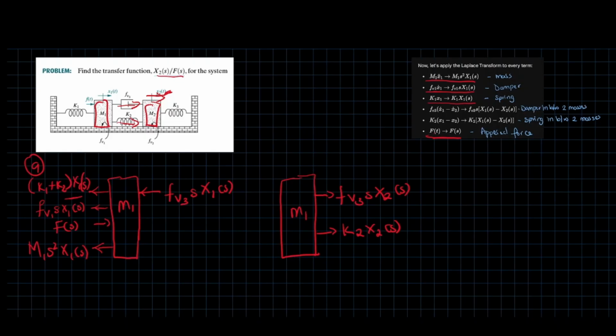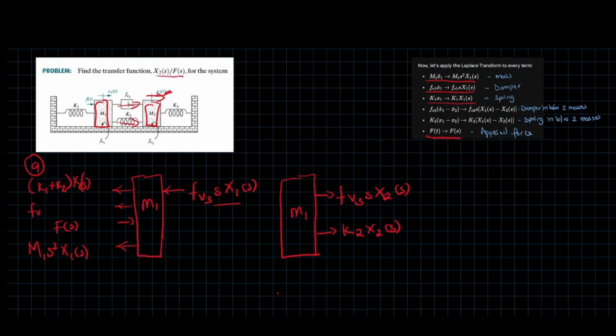I see that this and this also have the same thing, so I can rewrite it as Fv1 plus Fv3 times s x1(s), and I can just erase this because they're going in the same direction, so that's why it's plus. This one I can just put to this side. I just broke it down so that you understand what I'm talking about.